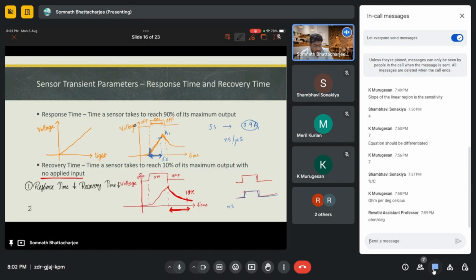And another case where the response time should be less, although in case of the recovery time, it should be high or at least in the moderate range.